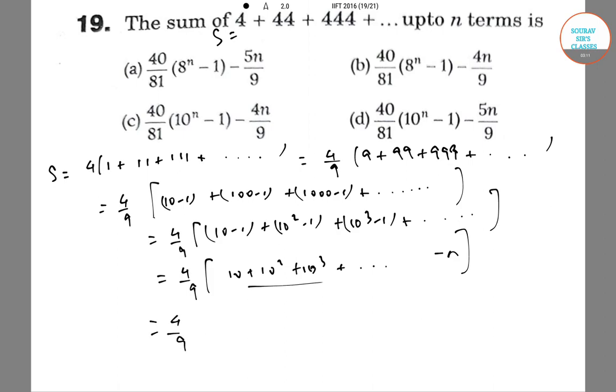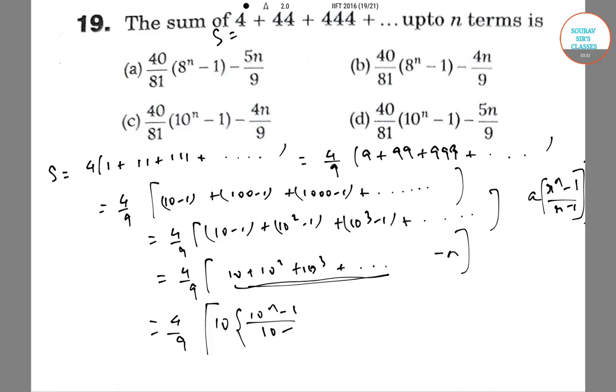Now this is a finite GP series, so its sum is, now the sum of a finite GP series is a into r to the power n minus 1 by r minus 1. So we get first term 10 into 10 to the power n minus 1 by 10 minus 1 and minus n.